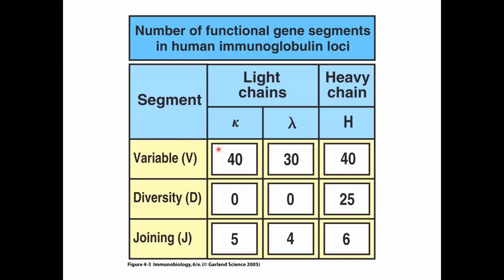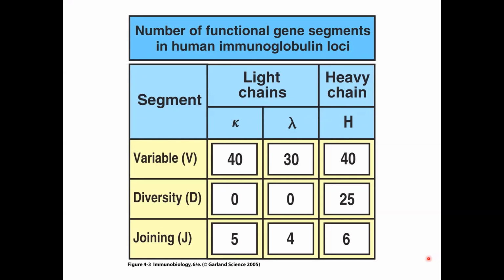This figure is actually a little bit out of date. It's from 2005. But these are the numbers of unique light chain variable and heavy chain variable, D, and J regions, and together they can form an enormous diversity. On the low end, somewhere around 10 to the 15th.